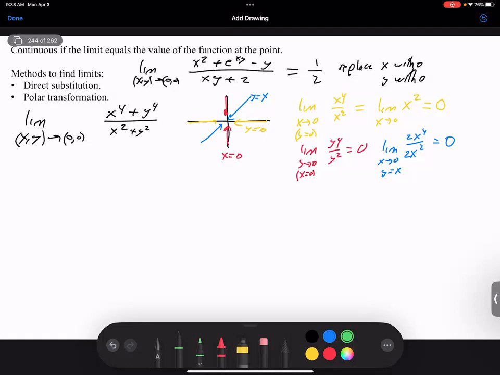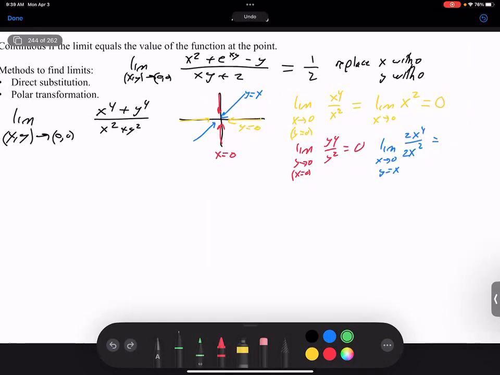Shall we try a parabola? Why not, right? Let's try the parabola y equals x squared. We can take the limit as x goes to 0 along the curve y equals x squared. We would get x to the 4th plus x to the 8th over x squared plus x to the 4th.